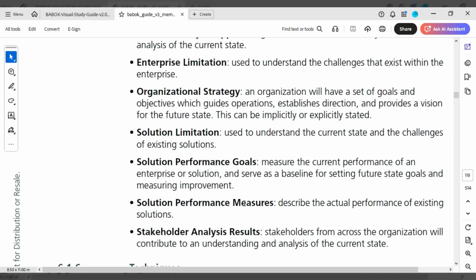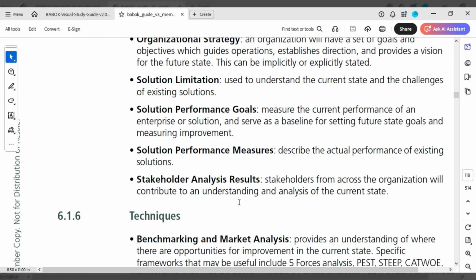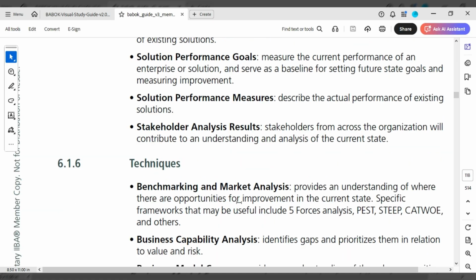Solution limitations: maybe you understand the current state and the challenges that exist currently. Solution performance goals are the measures or baselines that are being set. Solution performance measures describe the actual performance of existing solutions. Stakeholder analysis results: when you have analyzed your stakeholders, this would also guide you in understanding the current state.